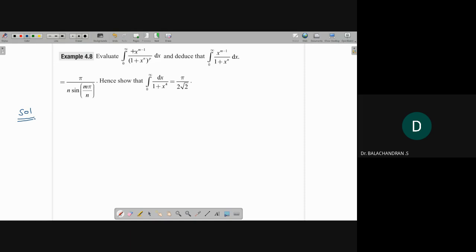First I am going to consider the integral I is equal to the integral from 0 to infinity of x power m minus 1 by (1 plus x power n) whole power p into dx.